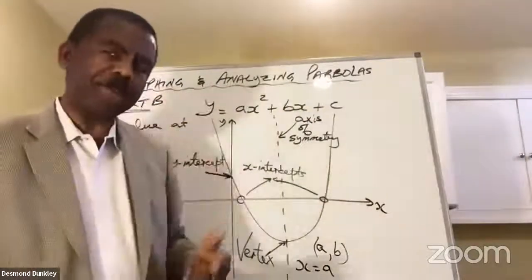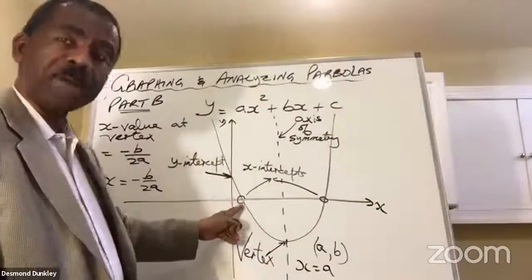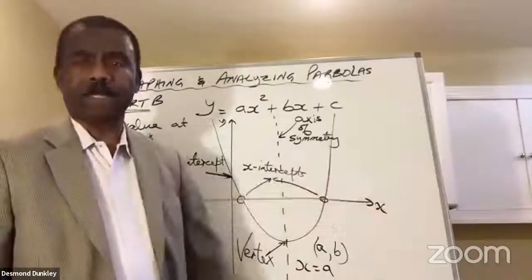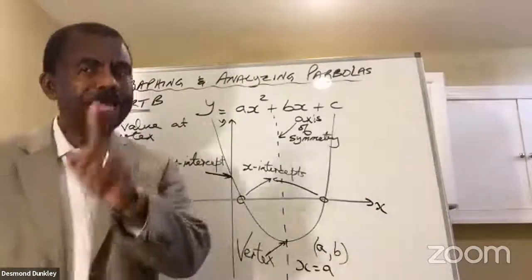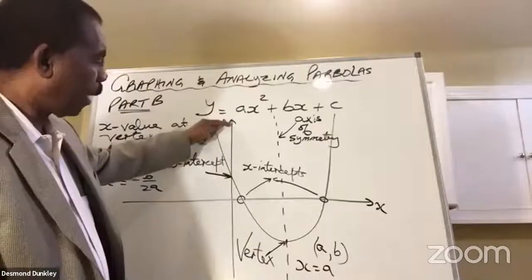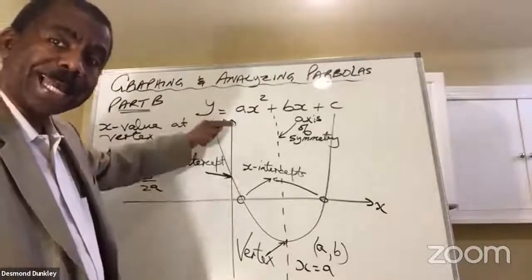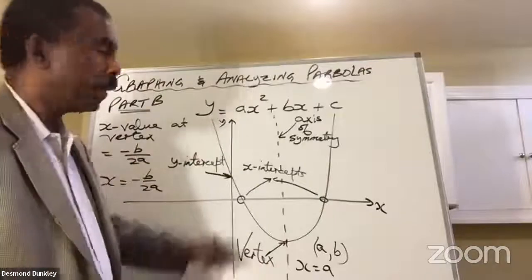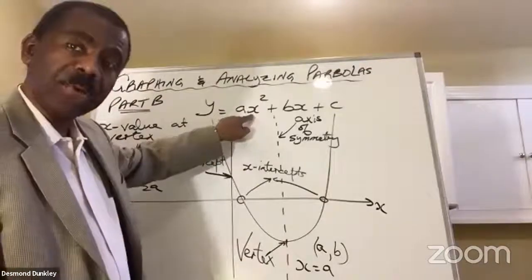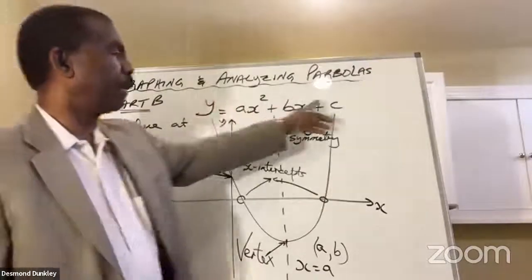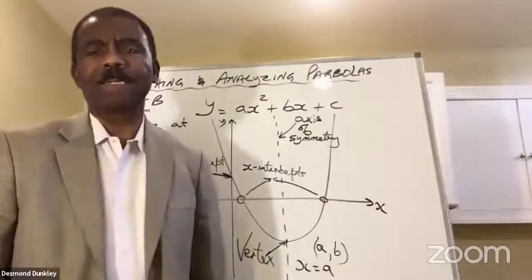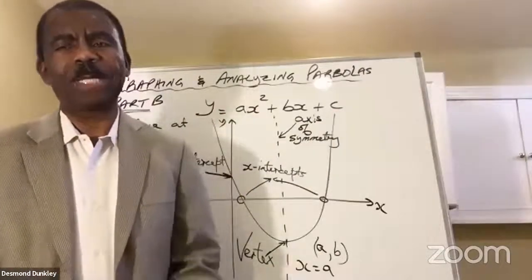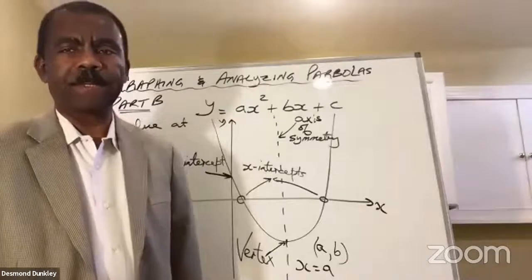Whatever values you get for x will tell you where the graph cuts the x-axis. The y-intercept: everywhere on the y-axis, x has a value of 0. So to find the y-intercept, you plug in x as 0, and therefore y is going to be this number here, c. That will always be your y-intercept.